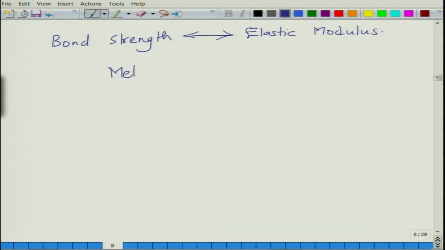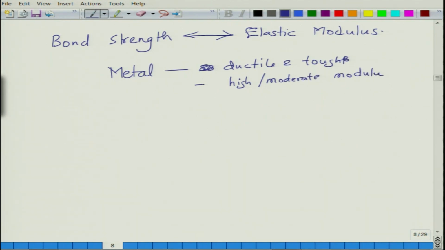So, basically you can say bond strength has close correlation with elastic modulus. So, we see that metals, which are ductile and tough, generally have high or moderate modulus, but metals are also heavy.